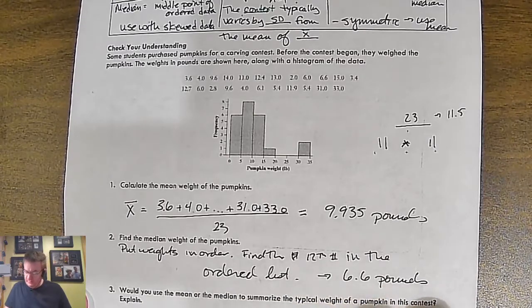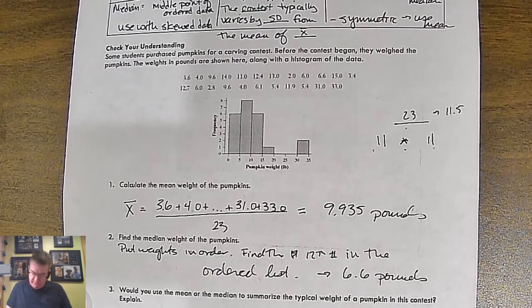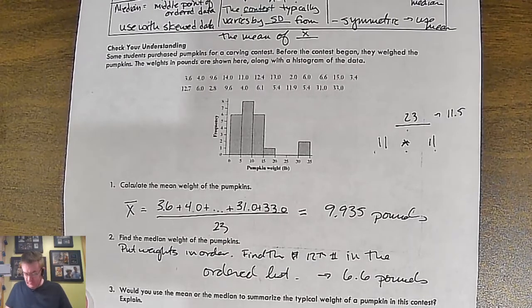Because the distribution of pumpkin weights is skewed right with 2 possible outliers.